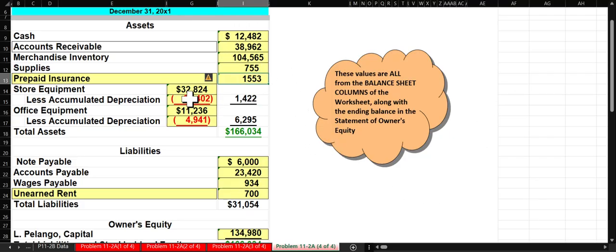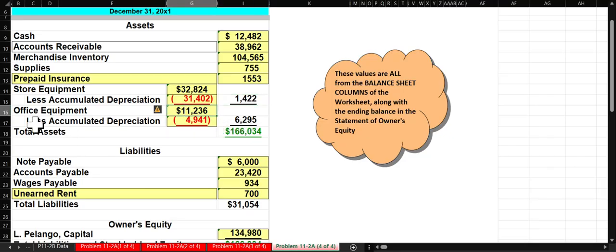Then you have your fixed or non-current assets. You have the store equipment. That's the original cost. Subtract the accumulated depreciation. Notice that this goes in as a negative, and that's the book value. So this asset is very close to being replaced. And same thing here.